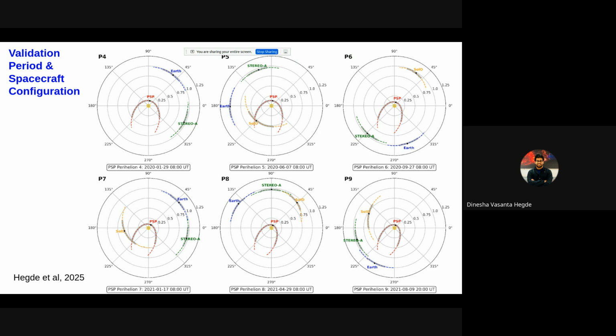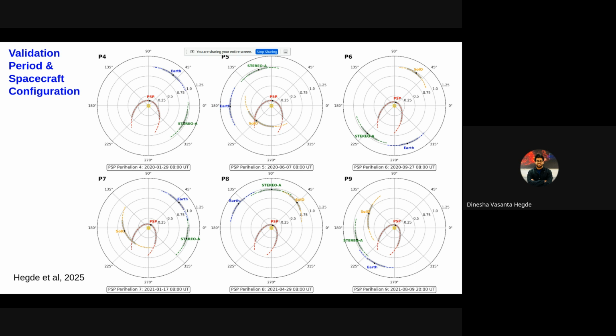In our recently published paper, we tried to take advantage of the PSP and Solar Orbiter era. We chose encounters from PSP, the fourth encounter to the ninth encounter. The reason for choosing these encounters is that the first three encounters were already validated with our models, even before the third encounter itself.